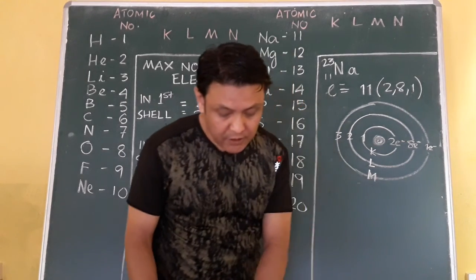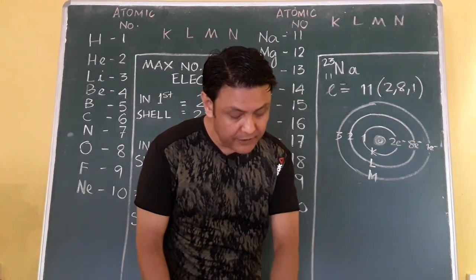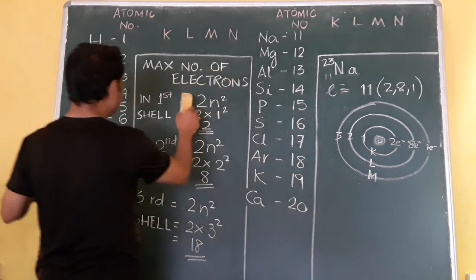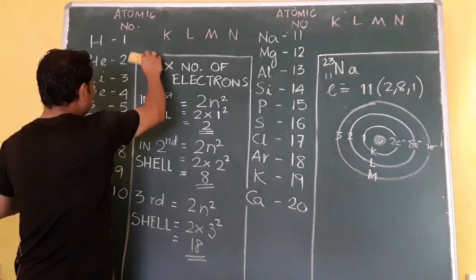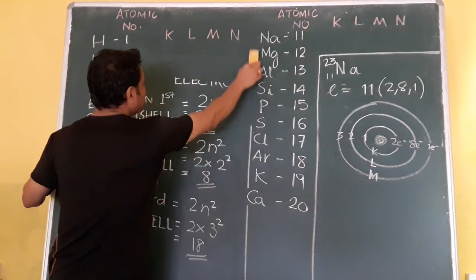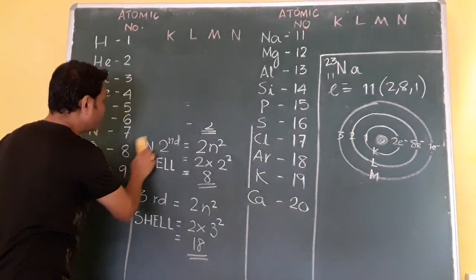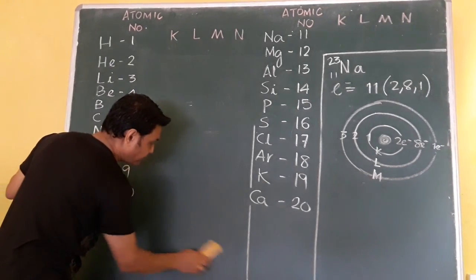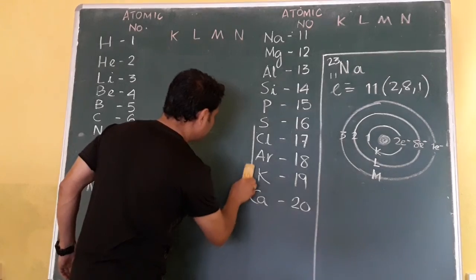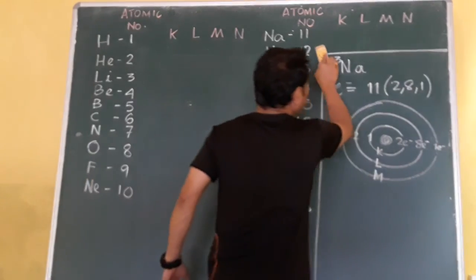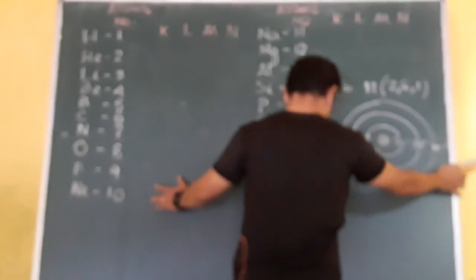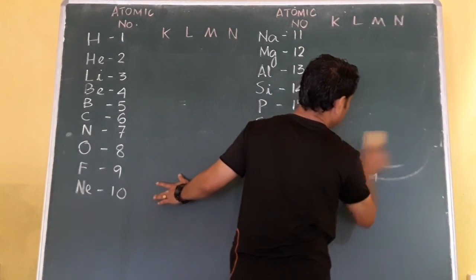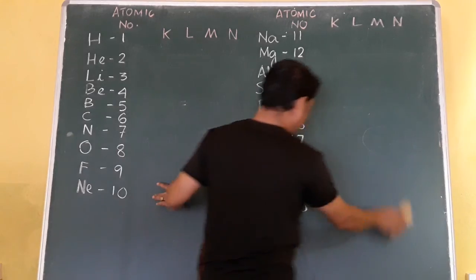Now we go on to the electronic configuration of different elements. I hope you understand the maximum number of electrons here. So we do not need this now. All right.